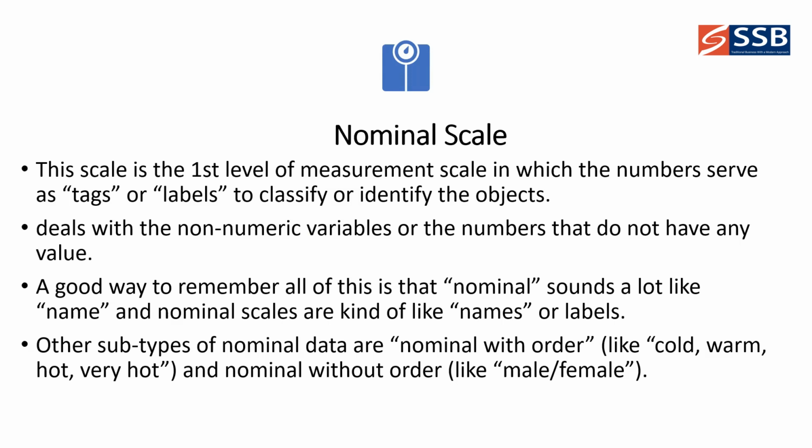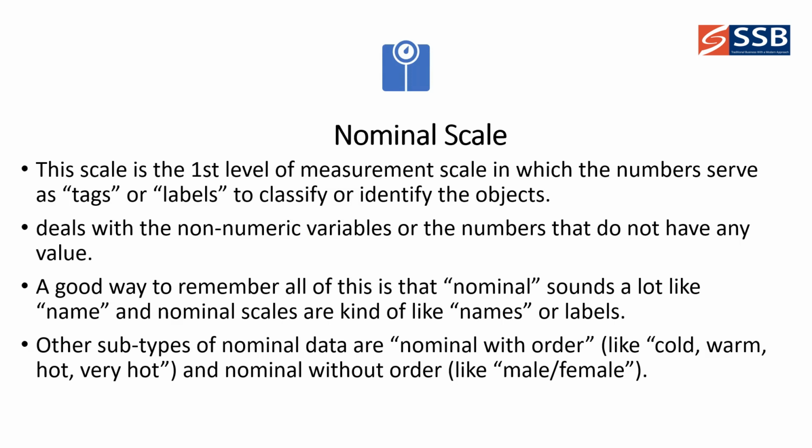That means the nominal scale can be classified into two important things: nominal scale with order and nominal scale without order. Nominal scale without order is male or female, the gender. Nominal scale with order is like cold, warm, hot, very hot. Only codes are given, but identity is there.